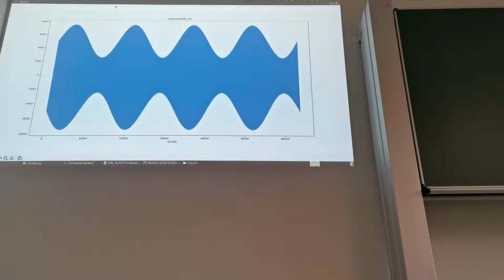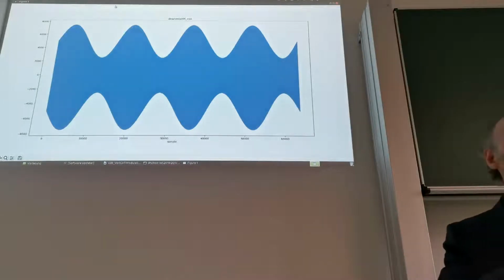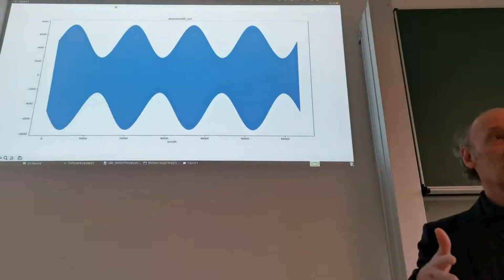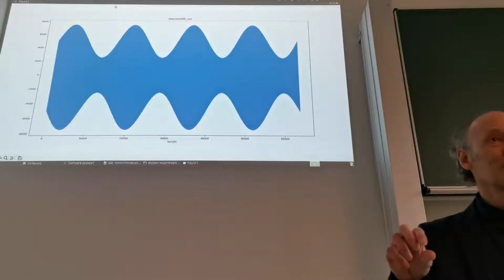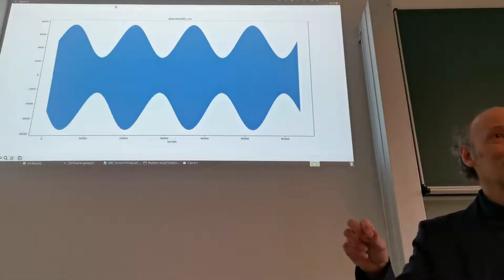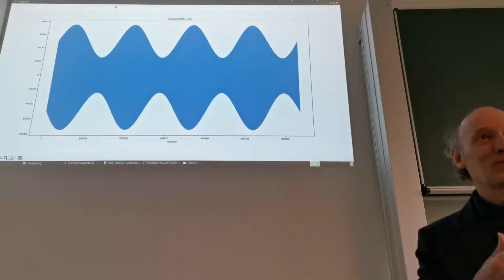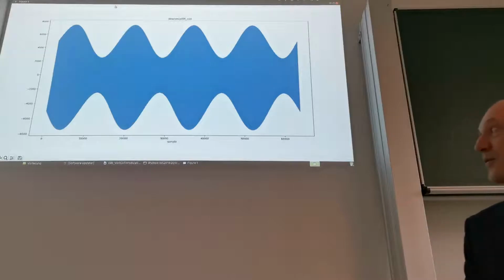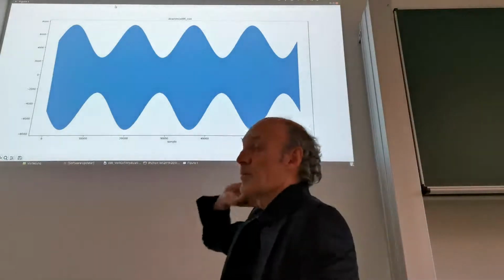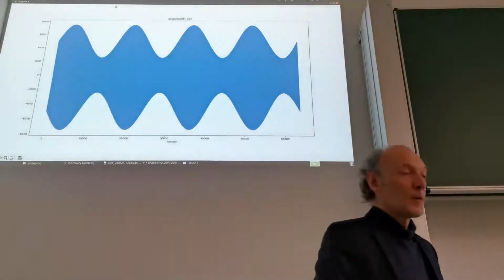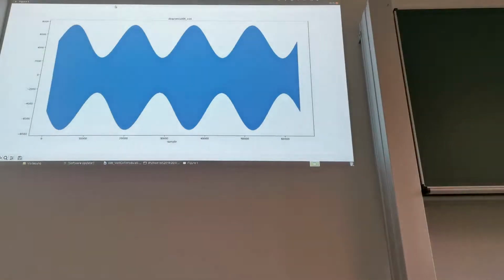So if you have values like +1, +1, -1, +1, -1, and you take the average, then the average is 0, right? Because the average between +1 and -1 is always 0. And this is what will happen here too. So if you apply a low-pass filter to this part, it will become 0.